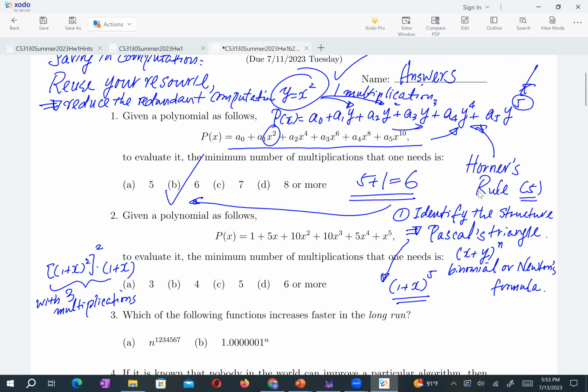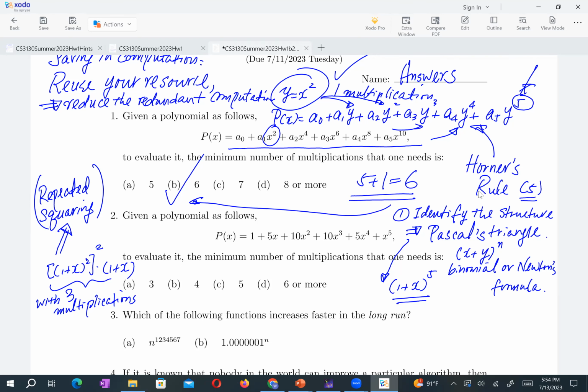This is the technique we call the repeated squaring technique. It is important, and it is useful.